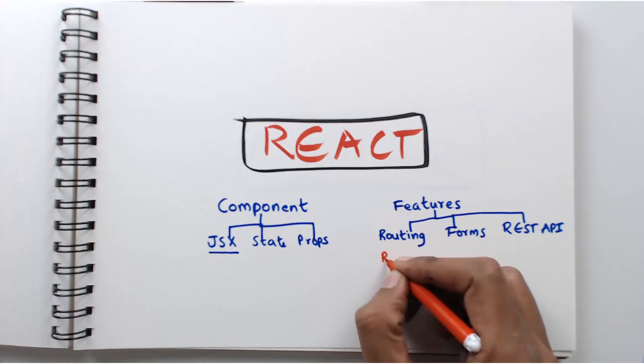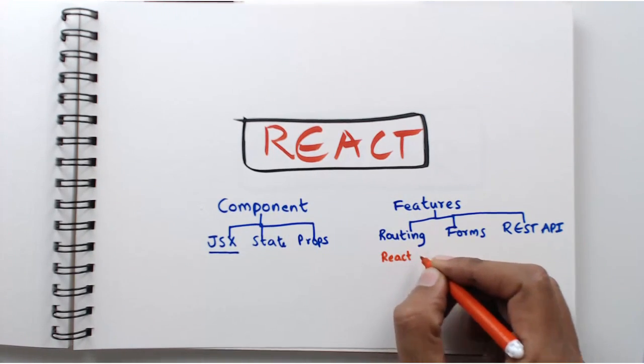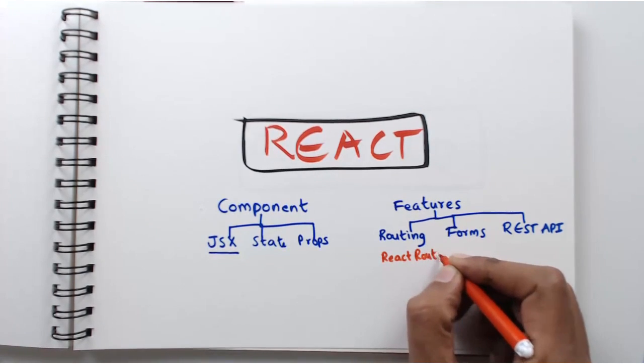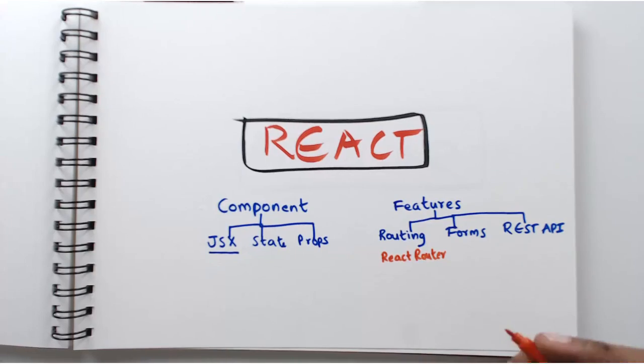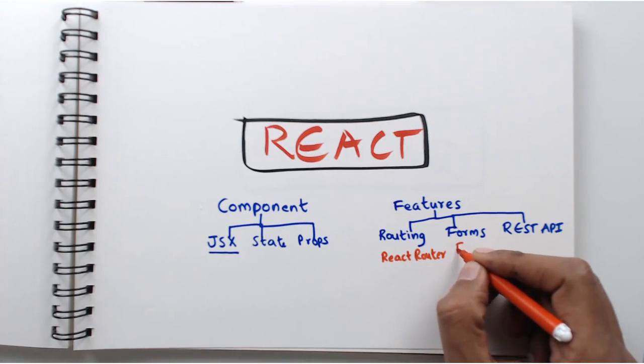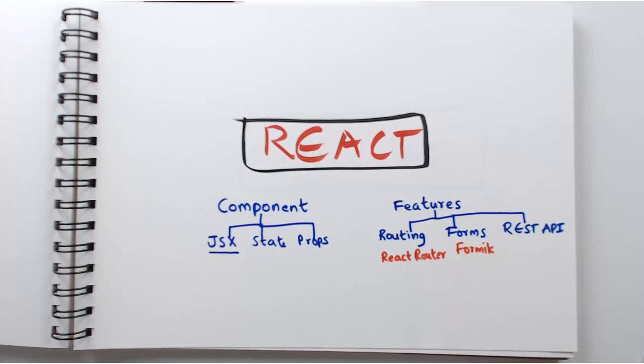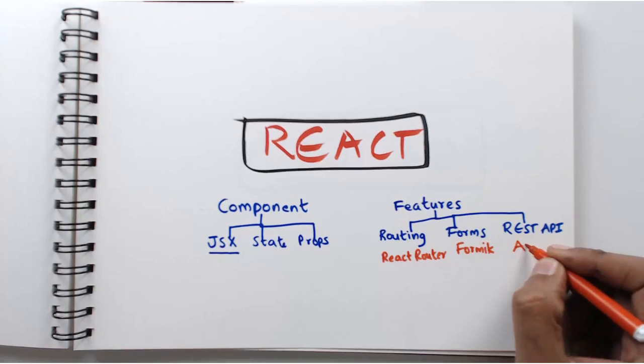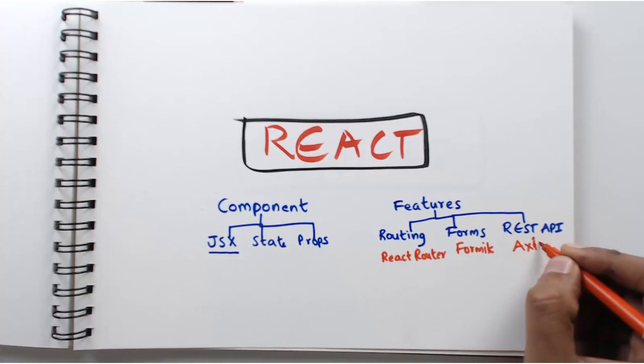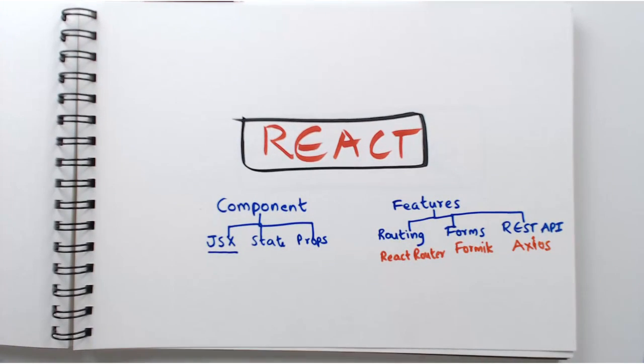For routing, the framework is React Router. It's one of the awesome frameworks in the React world, so it's a great framework to discuss. For forms, Formik is a great thing to use, and for REST API calls, Axios is a wonderful framework to learn. So these are the important things that you would need to learn when you build a React application.